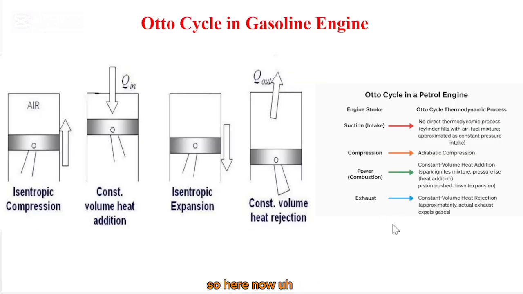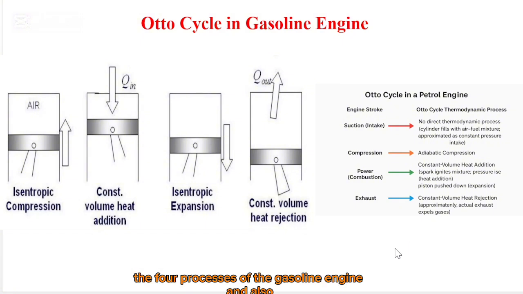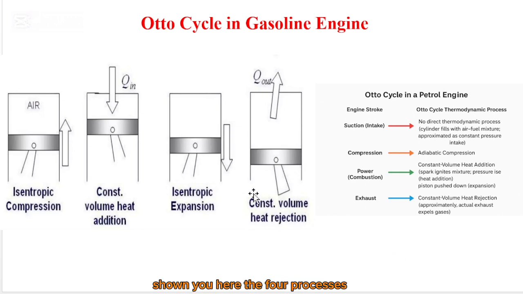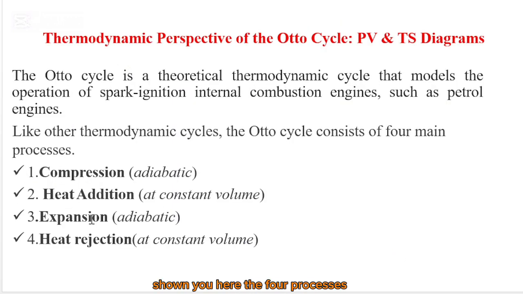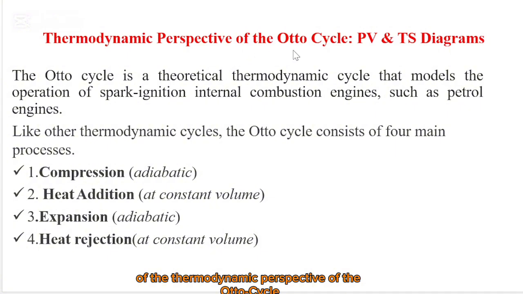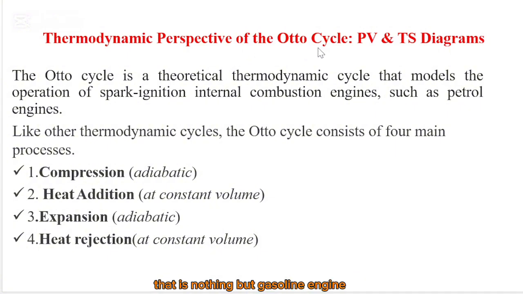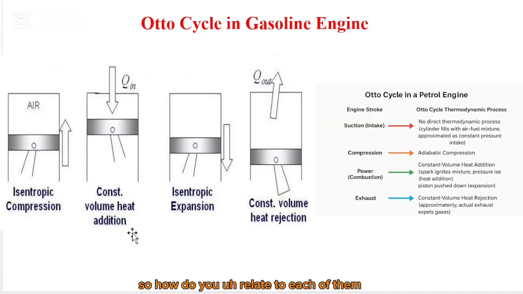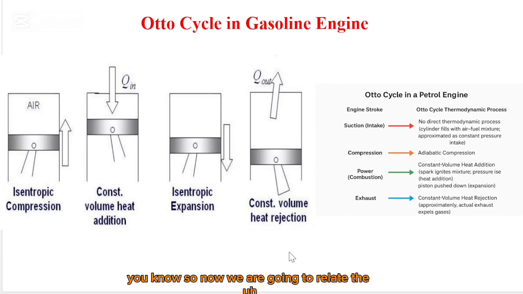I have already shown you the four processes of the gasoline engine, and also the four processes of the thermodynamic perspective of the Otto cycle, that is nothing but the gasoline engine. So how do you relate each of them?